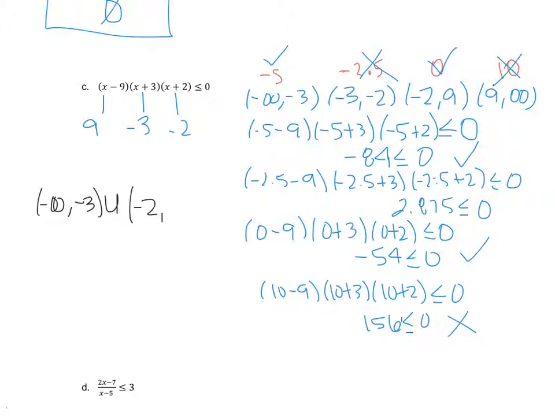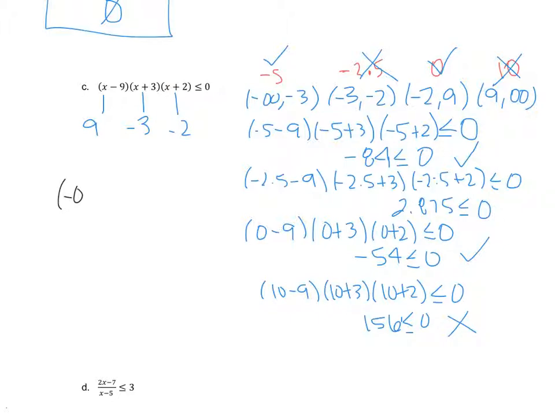negative 2 to 9. Now, before we go on, we need to talk about the sign. Because this symbol right here is less than or equal to, that means that I need to change these from parentheses to brackets where we include them.